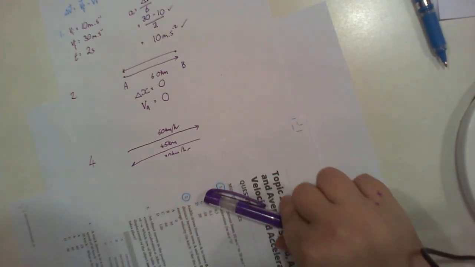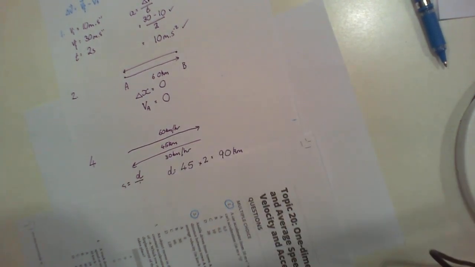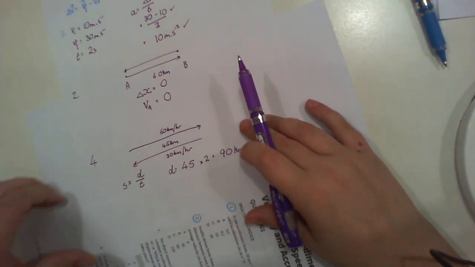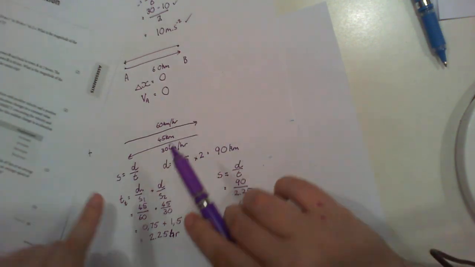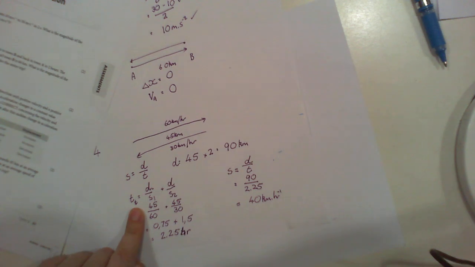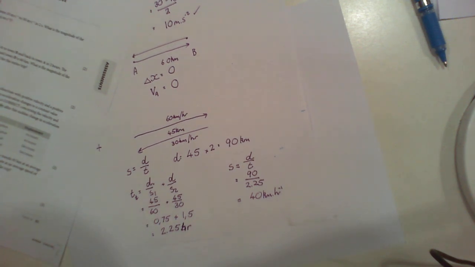All right, now that you've worked out the answer, if you weren't sure what to do, we first need to find the time. I found the time. I did it as one equation. There's nothing stopping you from doing it bit by bit.